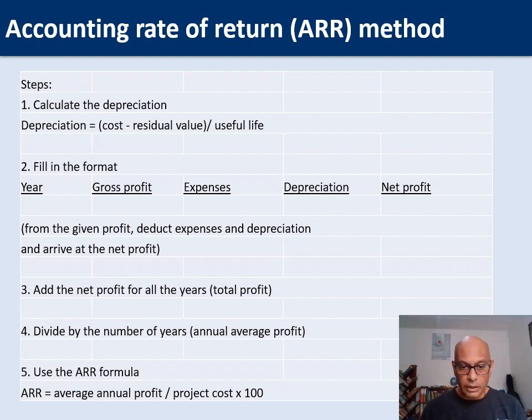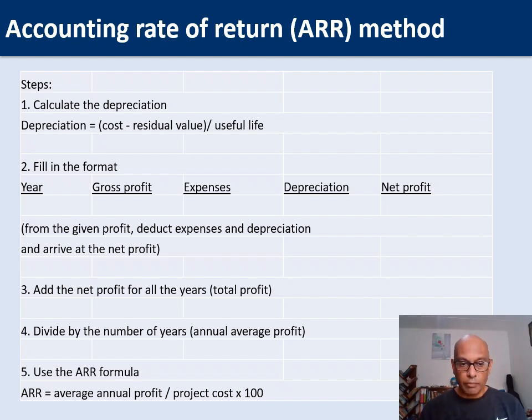The expenses are generally deducted, and we put them within a bracket to show that it's an outflow of money, it's an expense. Then we deduct the depreciation also, within a bracket, and then we get the net profit. So gross profit minus expenses minus depreciation is your net profit, and that is what we are going to use for our ARR calculation.